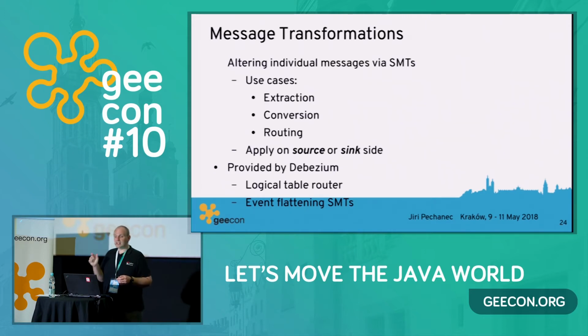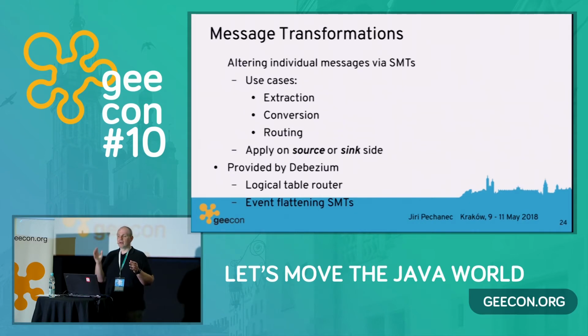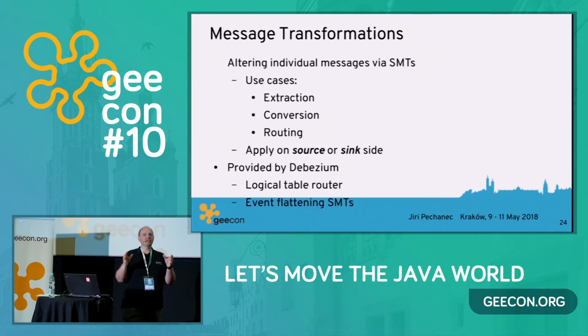The first one is a logical table router. This SMT allows you to route an event to an arbitrarily named topic. Why do we need it? This originates as a community request for cases where you are using sharded data.